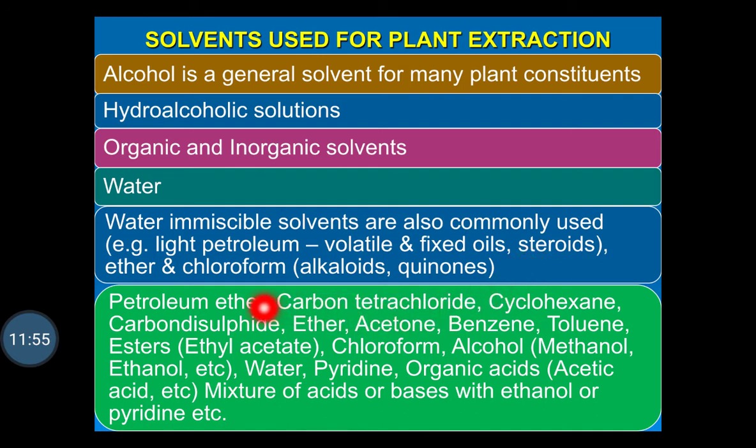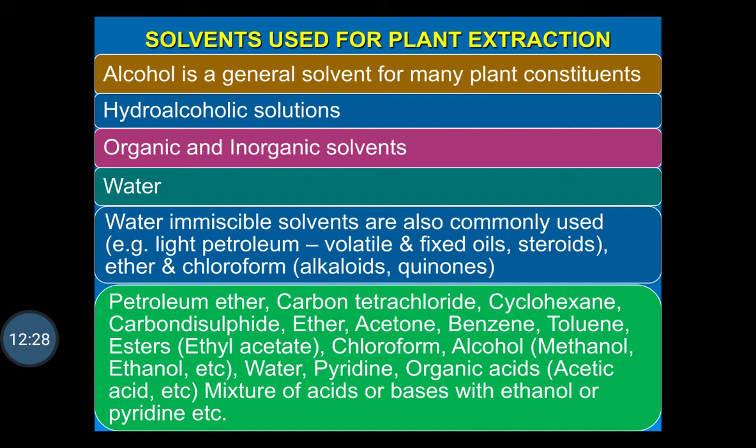So you can choose the solvent from petroleum ether, carbon tetrachloride, cyclohexane, then carbon disulfide, ether, acetone, benzene, toluene, then esters, that is ethyl acetate, chloroform, alcohol. In alcohol, methanol and ethanol are used. Water, pyridine, organic acids such as acetic acid, mixture of acids and bases with ethanol or pyridines can be used.